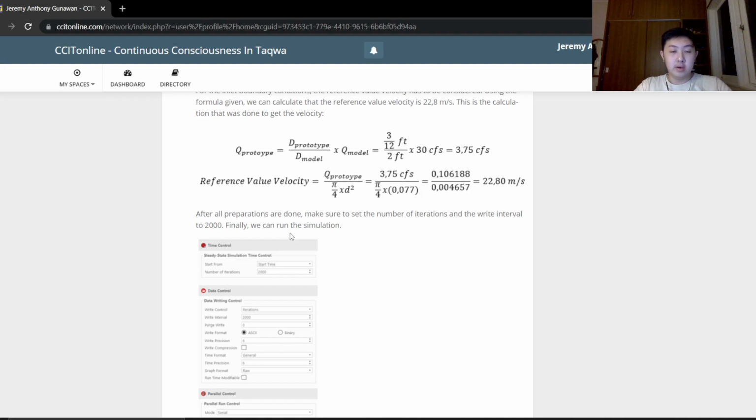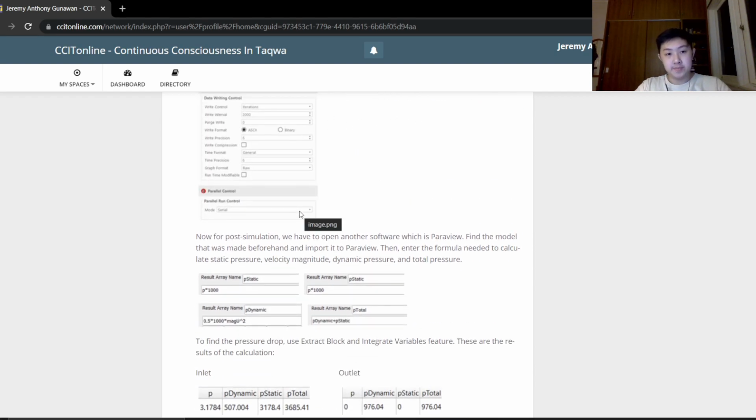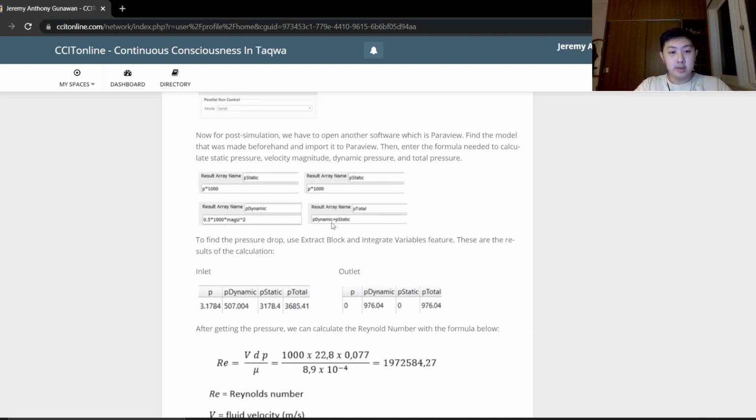And then after that, we'll set the iterations and the interval to 2000, and then generate the mesh. After the simulation is completed, we'll change to another software called ParaView, and then we'll input some formulas like the static pressure. This is wrong.